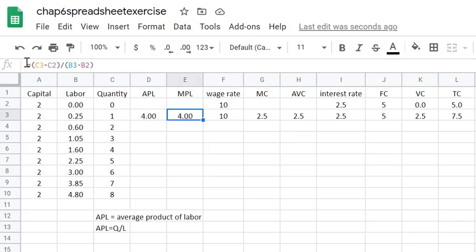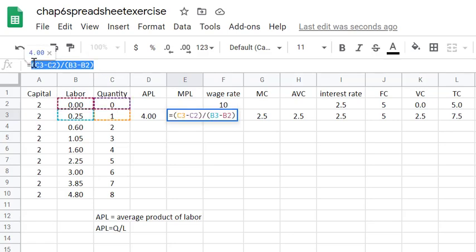If you look at the formula here in the function window, again, marginal is always an additional increase of an input that also causes an additional increase of something else. You want to see the impact, right? So marginal product of labor is the additional increase of output quantity, C3 minus C2, when you increase labor input from B2 to B3.